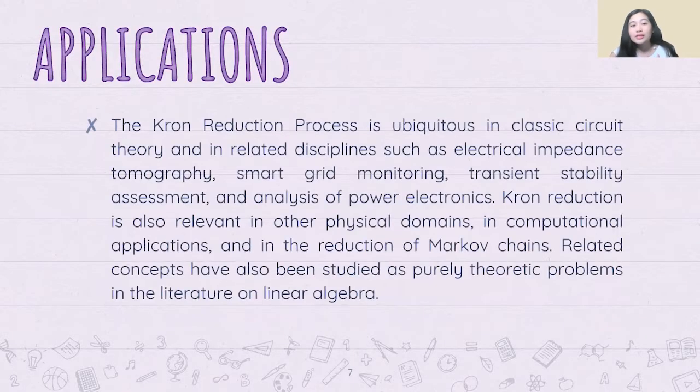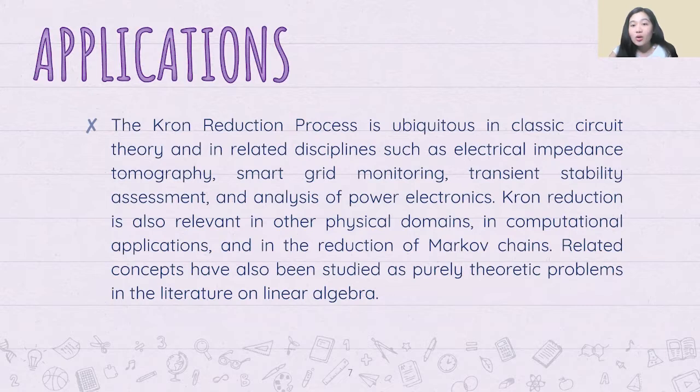Another one is that the Kron reduction process is ubiquitous in classic circuit theory, meaning it is found almost everywhere in circuit theory and also in other related disciplines, for example, electrical impedance tomography.